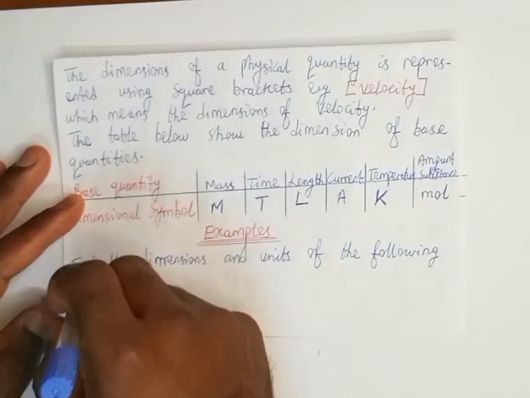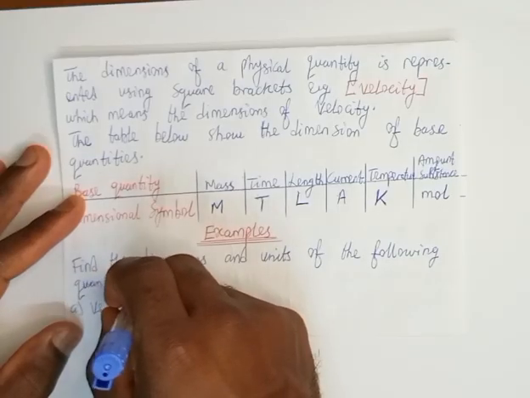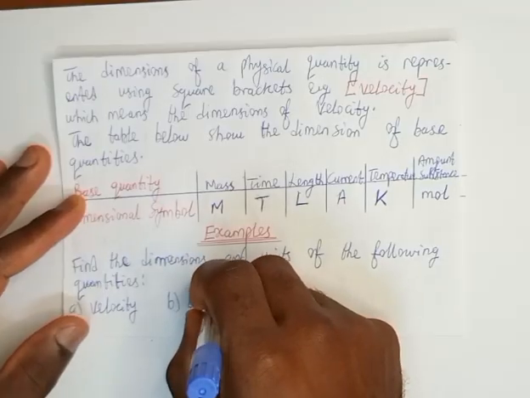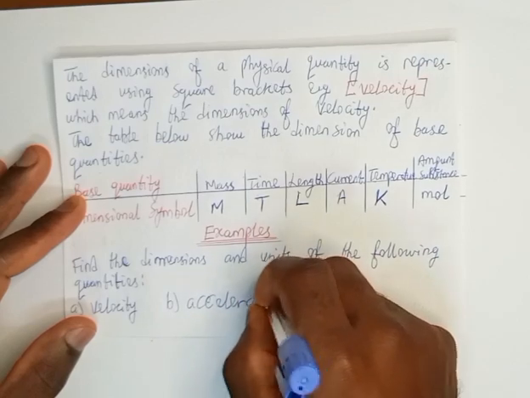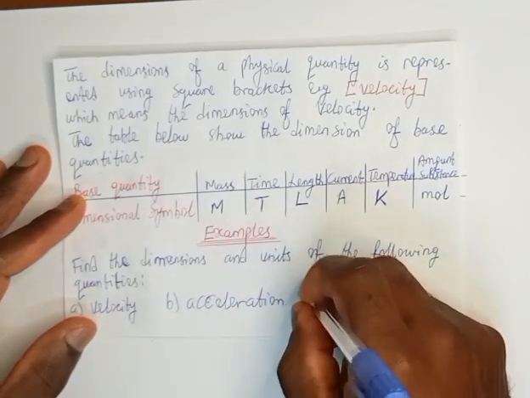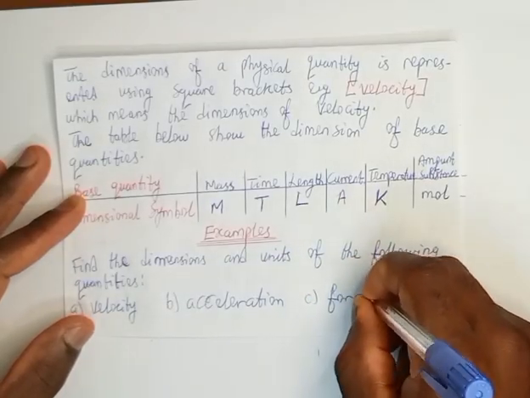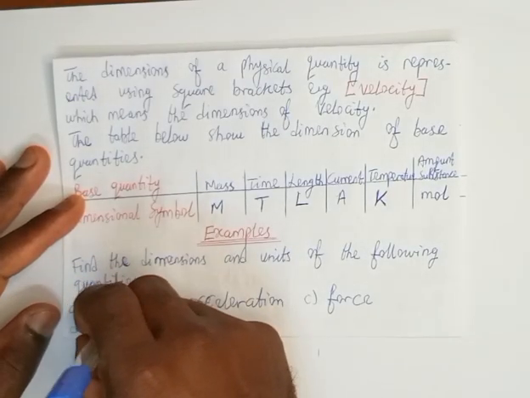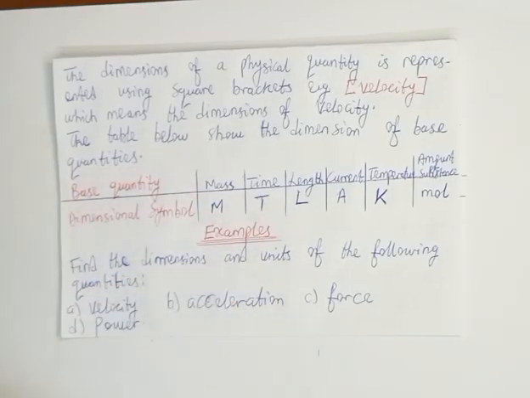A, we have velocity. B, we have acceleration. C, we have force. And D, we have power.